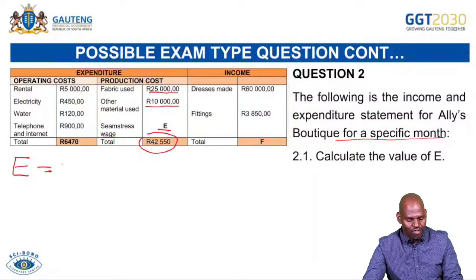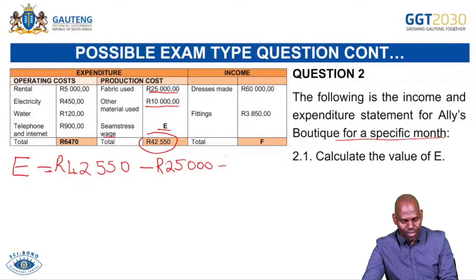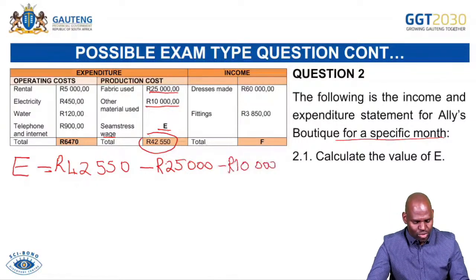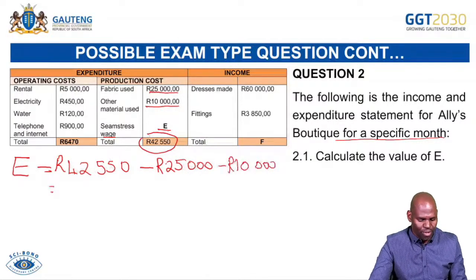So in order to find the value of E, I'll say E is equal to 42,550, and then I subtract the fabric used, 25,000, and then I also subtract 10,000 rand. Let us use our calculator, boys and girls.